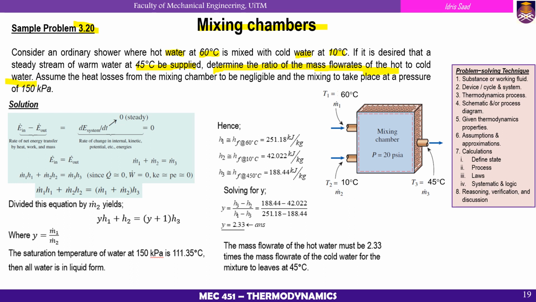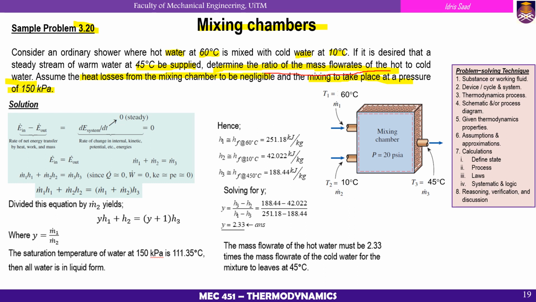So the ratio of the mass flow rate of the hot is basically how much hot water at 60 degrees Celsius we have to mix with the cool water at 10 degrees Celsius in order to produce water at 45 degrees Celsius. The question also says we can assume the heat loss from the mixing chamber to be negligible and the mixing takes place at a pressure of 150 kilopascal.